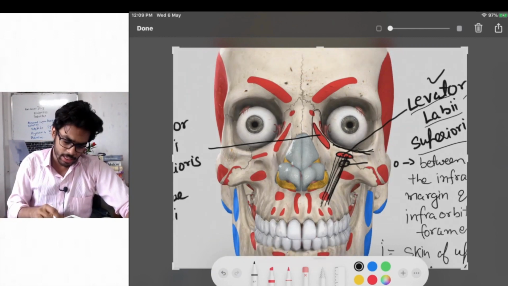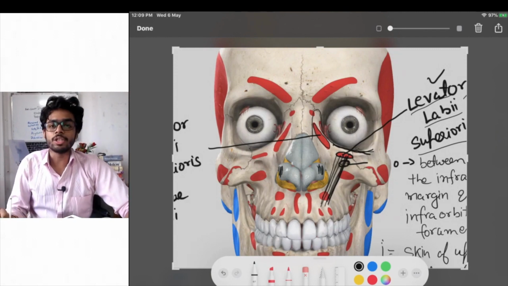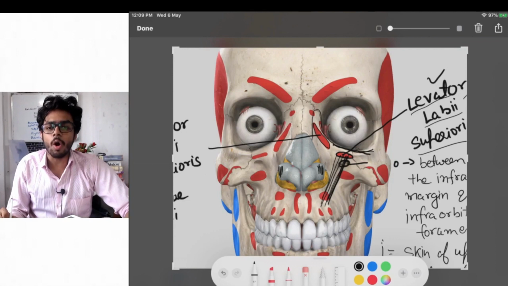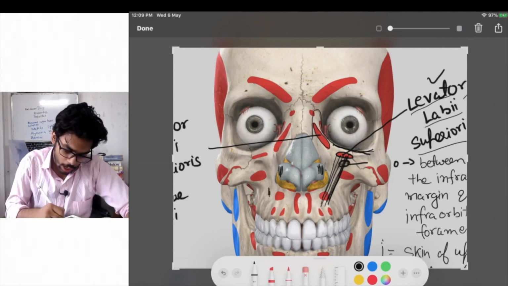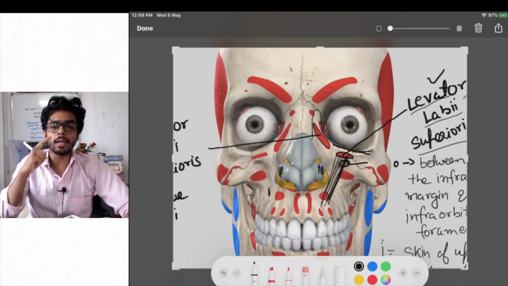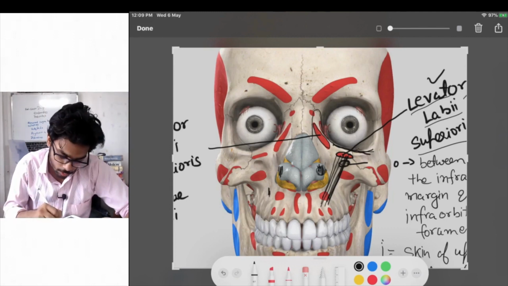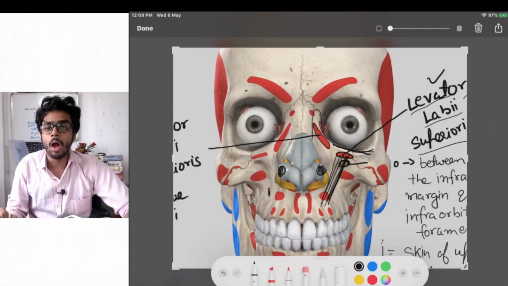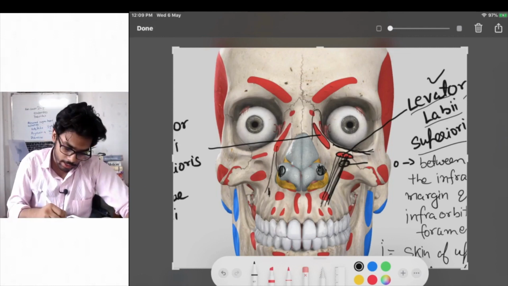It is inserting into this cartilage, which is known as the alar cartilage of the nose, and also in the upper lip. Am I clear? This portion is the alar cartilage of the nose, and the second part of insertion is here and here, to the lip part.